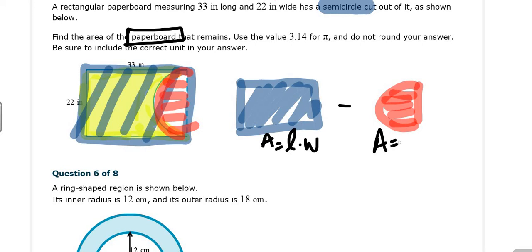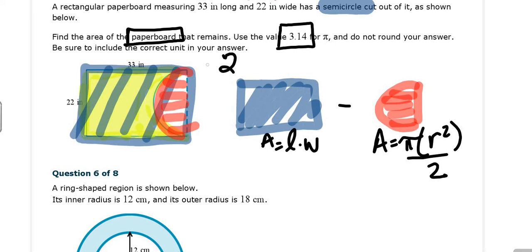This is area equals pi r squared, and then it's specifically over 2. They don't want you to use the pi key. They want you to use exactly 3.14. So make sure you follow those instructions exactly. So up here, our width is 22, our length is 33.